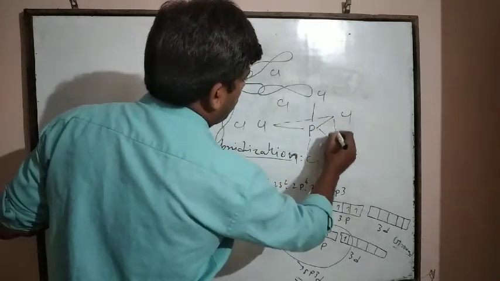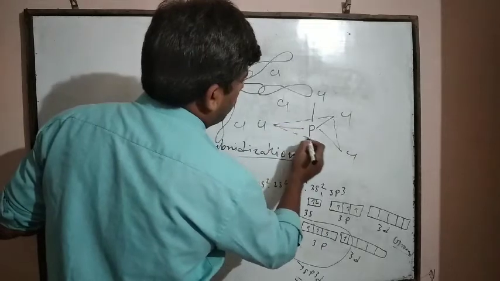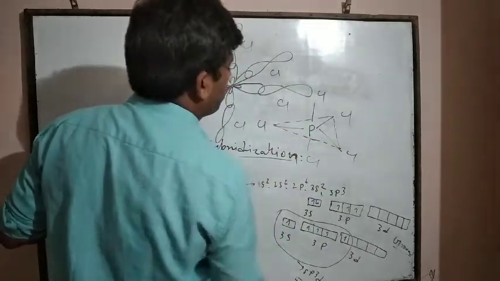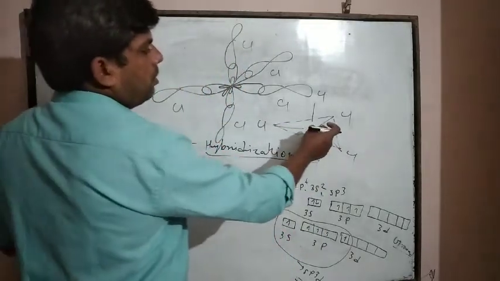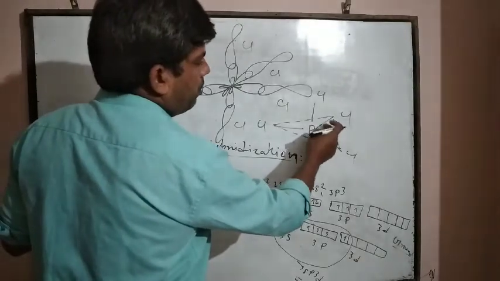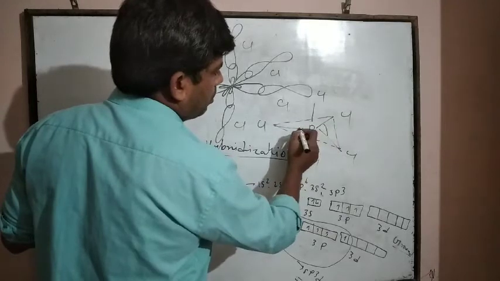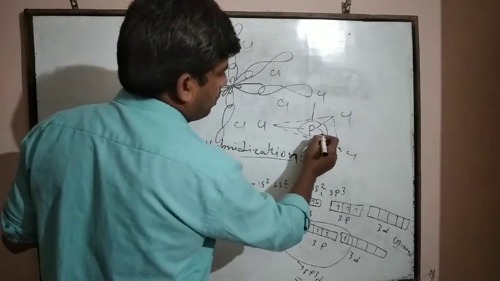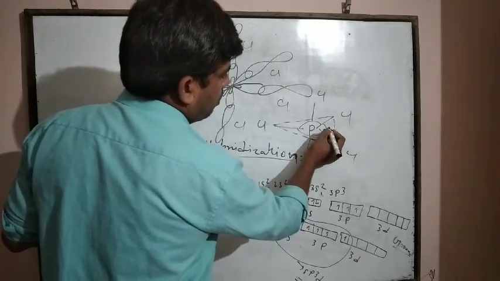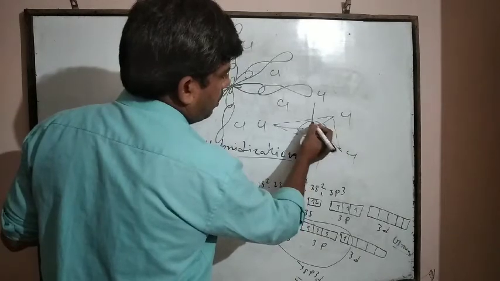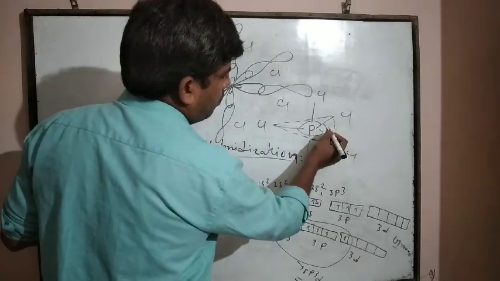It is a trigonal bipyramidal structure. These are equatorial bonds. This one is equatorial, this one equatorial, and this one equatorial. They are at 120 degrees.